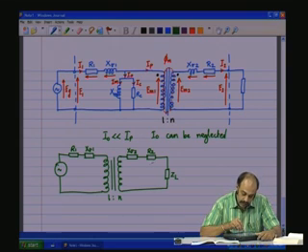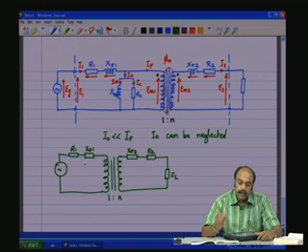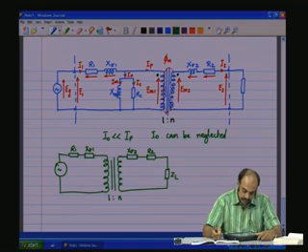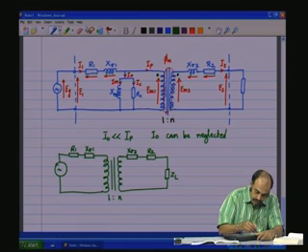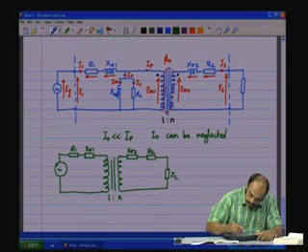In fact, everything can be taken onto the primary side by the conversion, and then we can make the following modification.